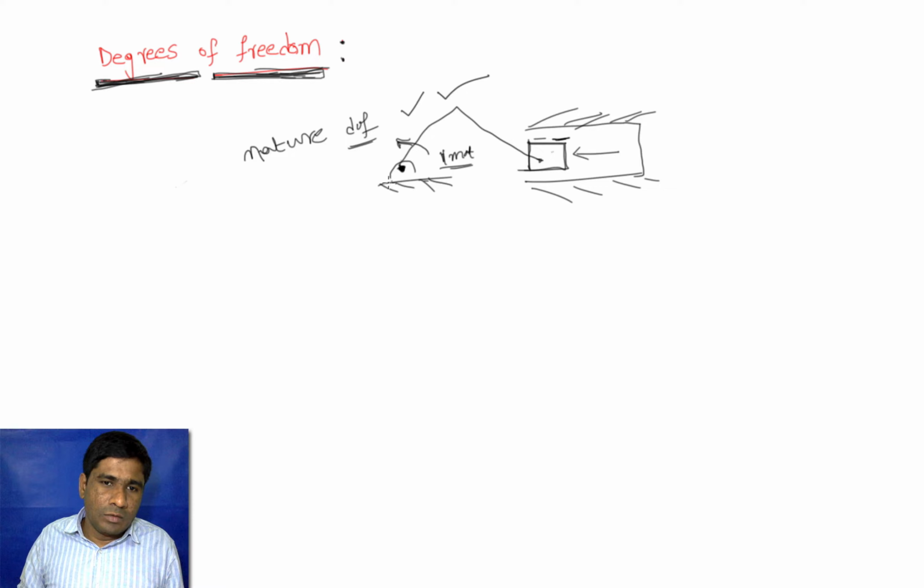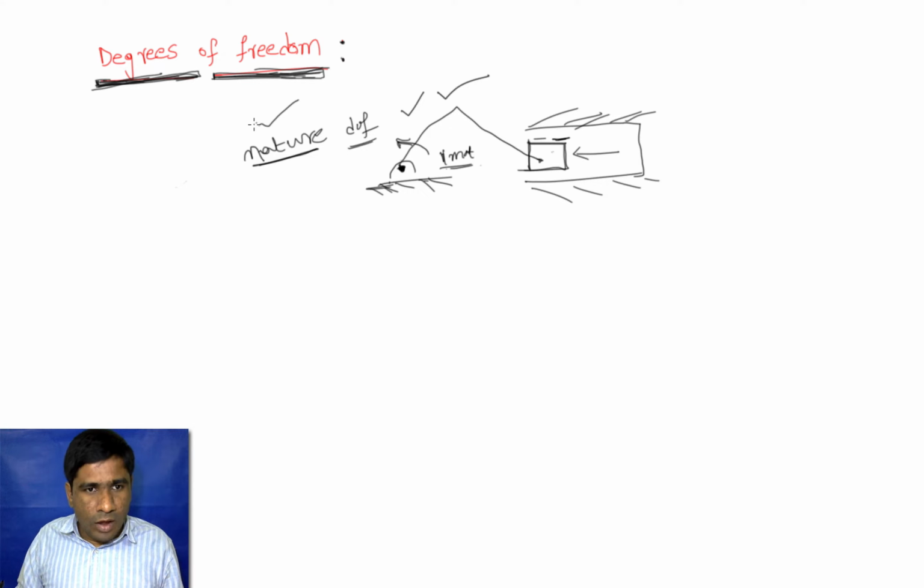If you are new to this mechanism and you don't know anything about it, and you want to confirm whether the output motion is translational or rotational, this nature of the degree of freedom distinguishes whether the degree of freedom is either translational or rotational.